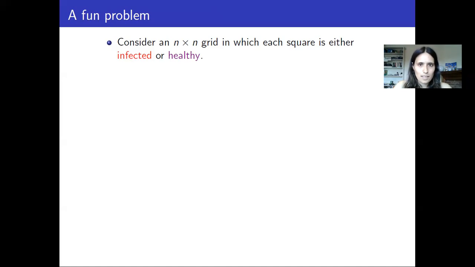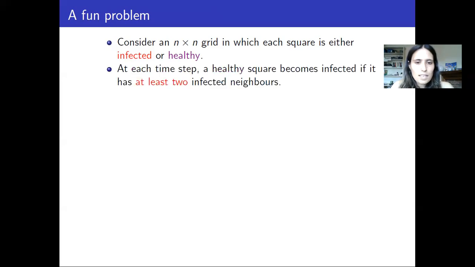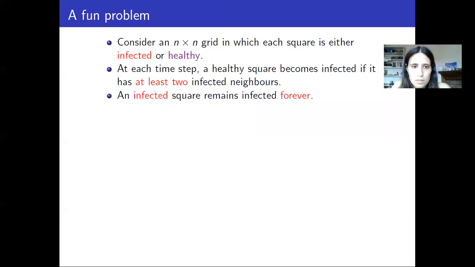There'll be a picture in a second, and each square is either infected or healthy. And we're going to think about a process on this grid. At each time step of this process, a healthy square will become infected if it has at least 2 infected neighbors. And under the rules of this process, once a square is infected, it will remain infected forever.